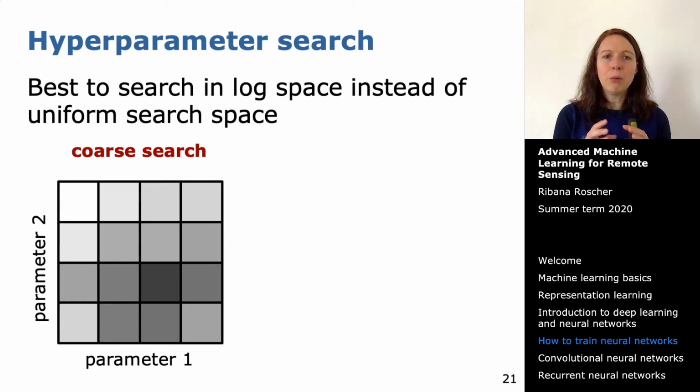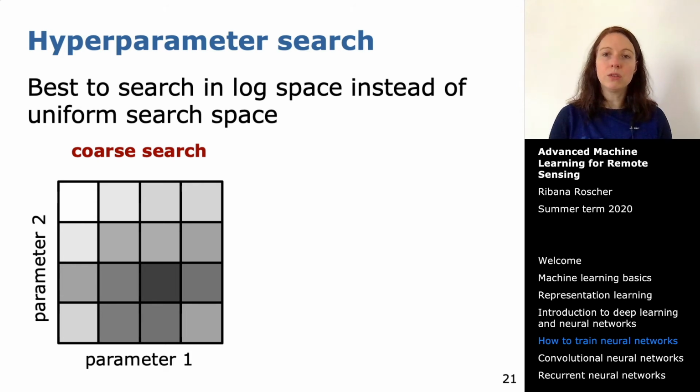To get a more uniform multiplying effect and an impression of which hyperparameters work and which not, you can search in log space, and you get a better impression of which learning rates are suitable to solve this task.